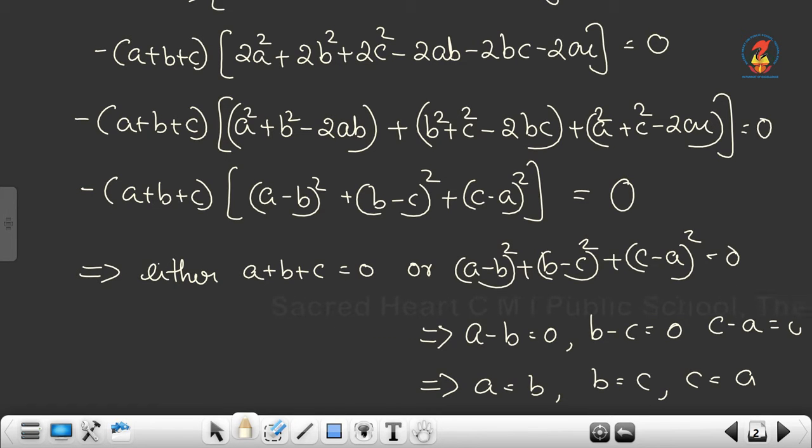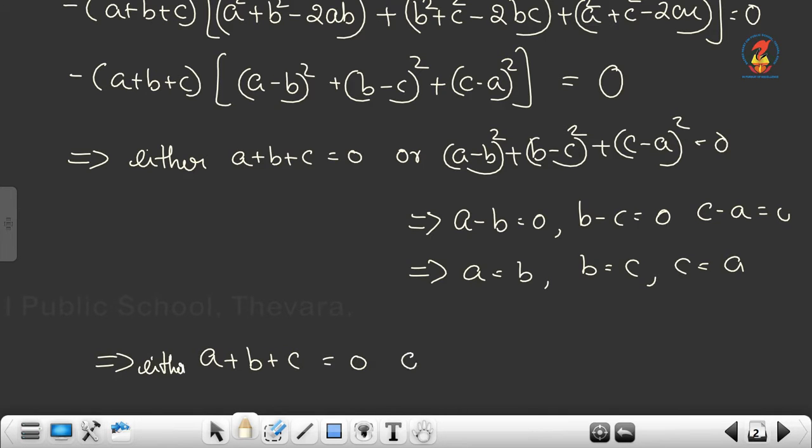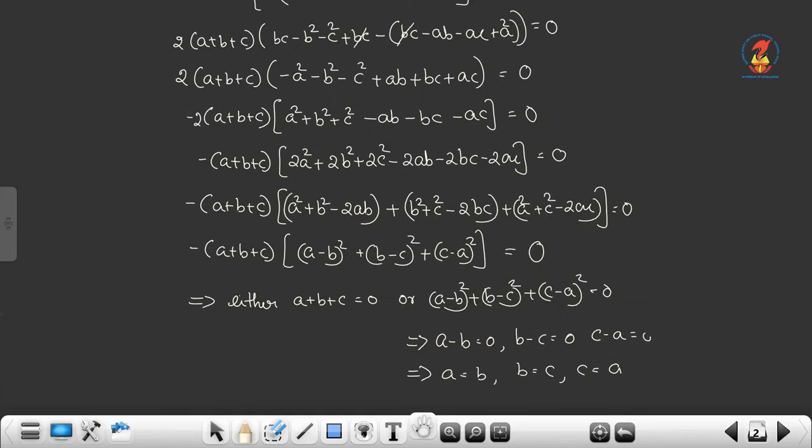That means all are equal. So what is the conclusion? Either a plus b plus c is 0, or a is equal to b is equal to c. That's the question. So once again you go through this.